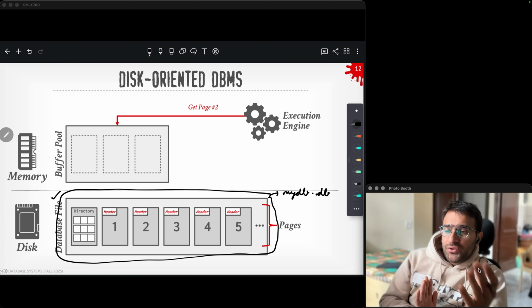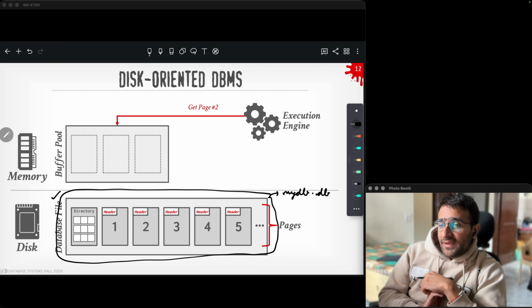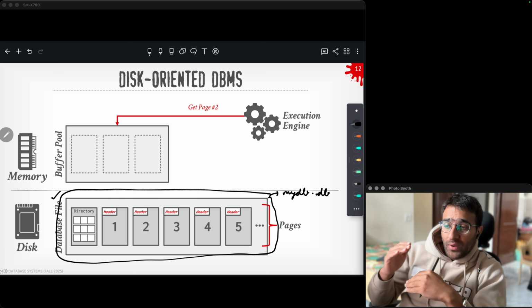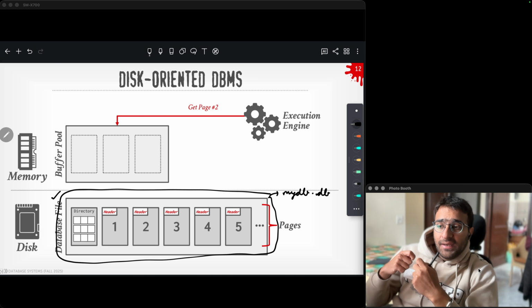It all depends on what kind of database system you are implementing. Let's say you're designing a system that is read heavy. In a read heavy system you'll maximize your page size. Why? Because in one page read, I can fetch more data. If my database is write heavy, then I'll prefer that I break this whole file into smaller chunks.